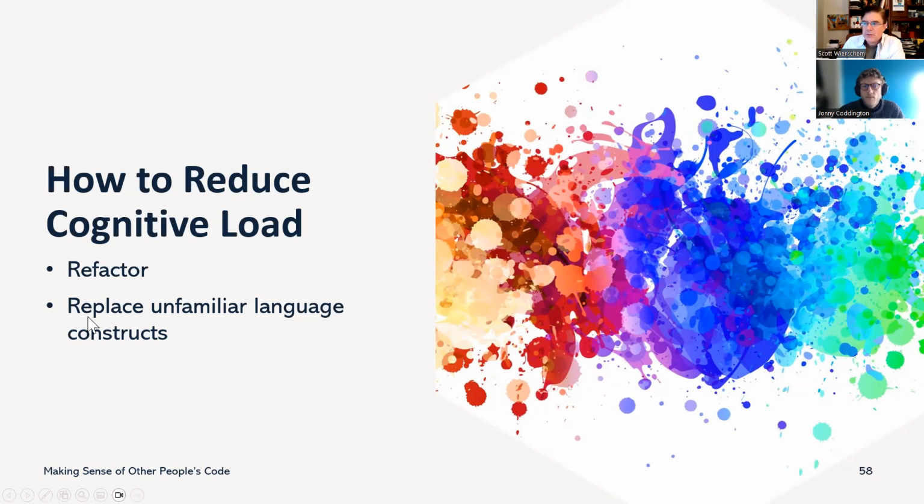You can also replace unfamiliar language constructs. That's, I guess, a similar thing to refactoring. Like if you're not familiar with how lambdas work or how a stream works, but you can tell what it's trying to do, you can replace it with code that you understand.